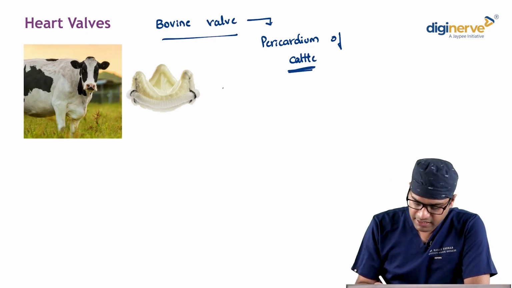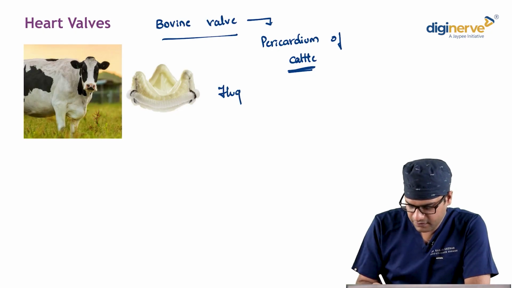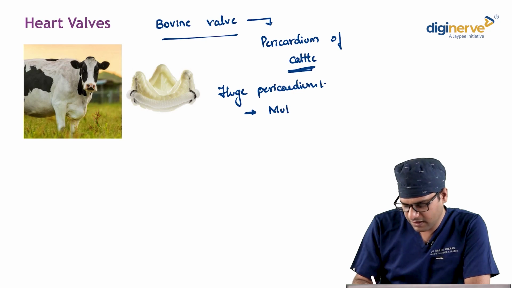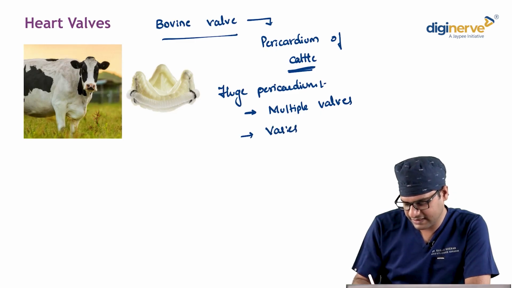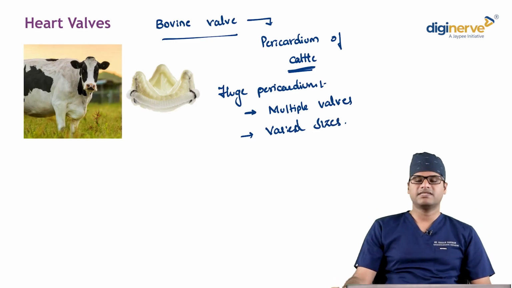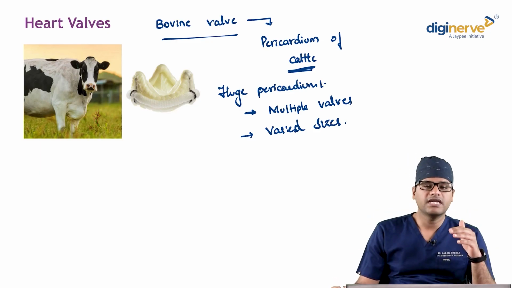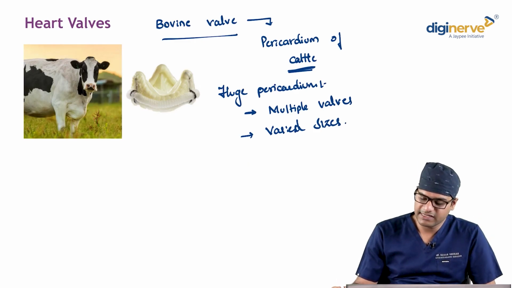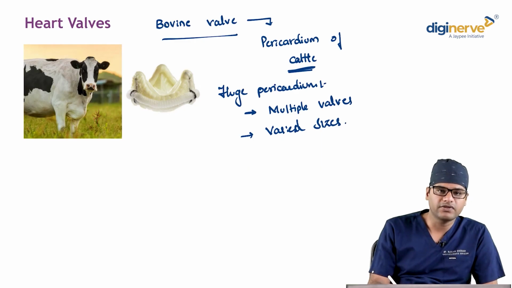Now, given the big, huge pericardium, it is pretty easy to design the valves, multiple valves, of varied sizes. So this was a possibility, and engineering this pericardium into a competent valve was much easier than considering that of the porcine valves.